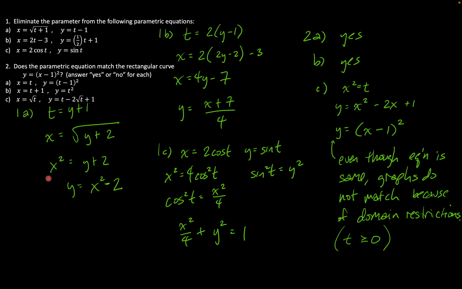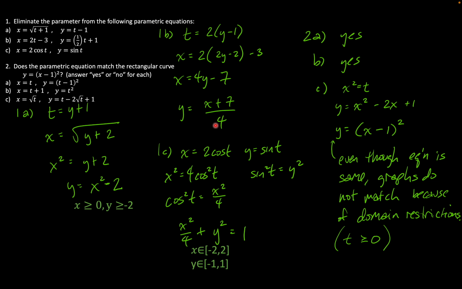Which brings us back to thinking about 1a, b, and c, because there might be some restrictions we need to think about. So if this equation was to exactly match the parametric equation in 1a, I would have to add that x is greater than or equal to 0 and y is greater than or equal to 2. In b, x and y can be any real values.